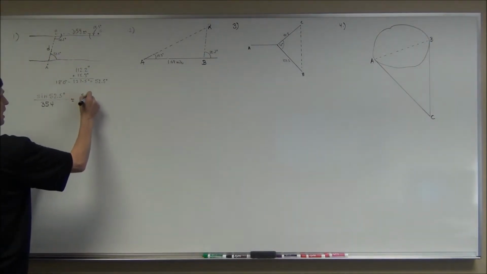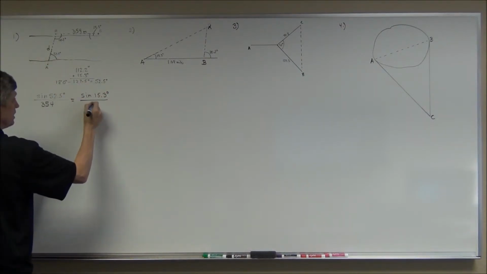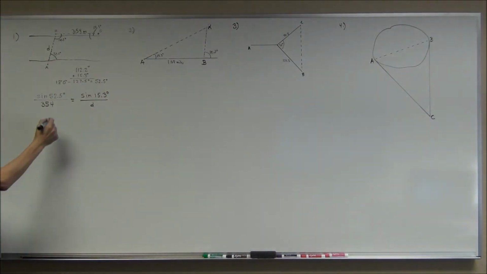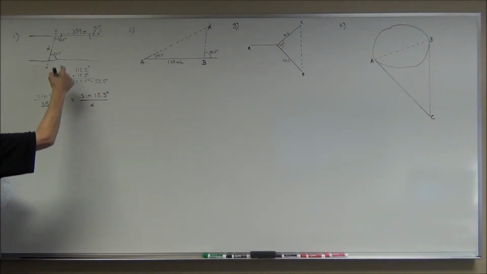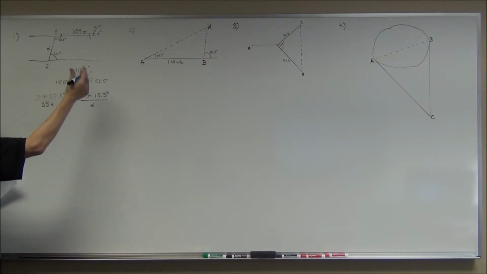So I'm going to say the sine of 15.3 degrees divided by D, which is what I'm looking for. So I'm going to set up my proportion. I don't need this side. They're not asking for it, so you don't have to worry about that. It's not like you're solving the triangle.